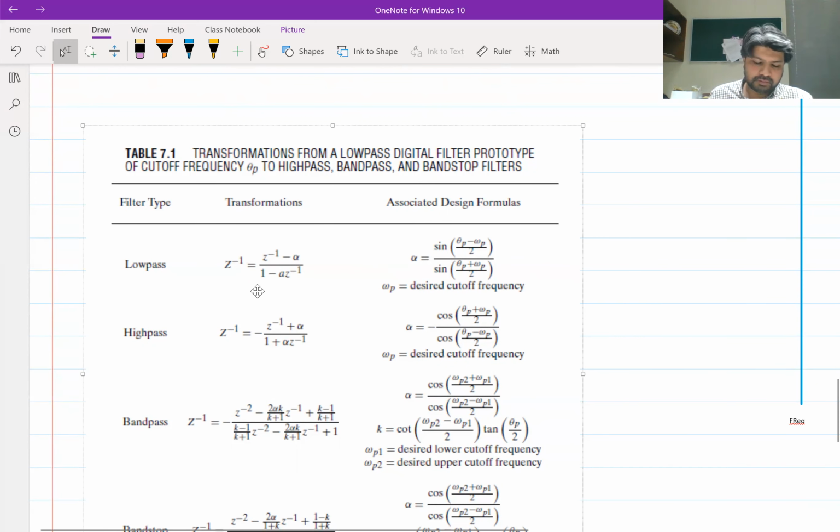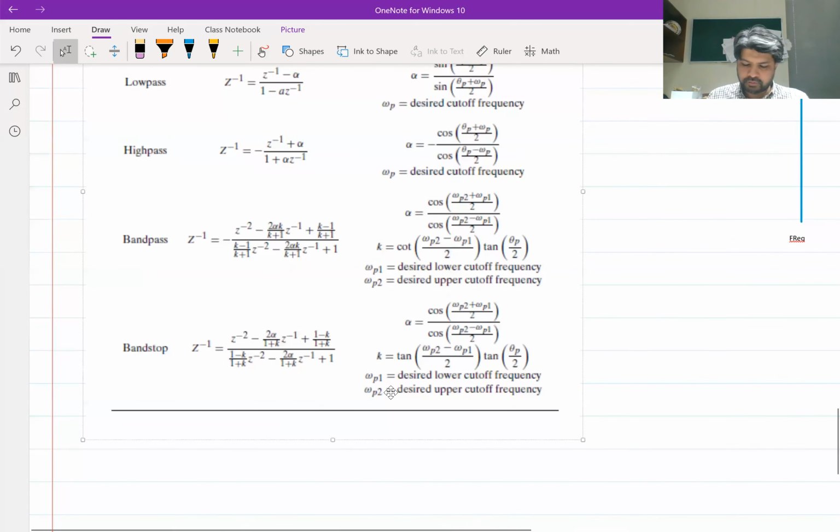So you can see that low pass and high pass are very similar to each other. There is only a minus sign that is different, and that is always the case. In digital signal processing, you just change the sign and you get a high pass filter from a low pass filter's H of z. So that's it about the transformation.